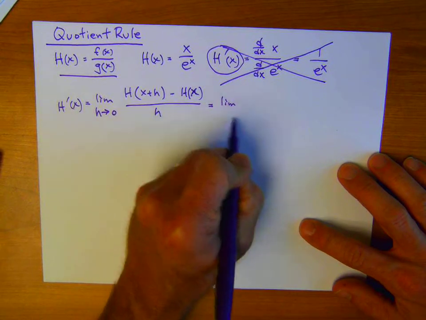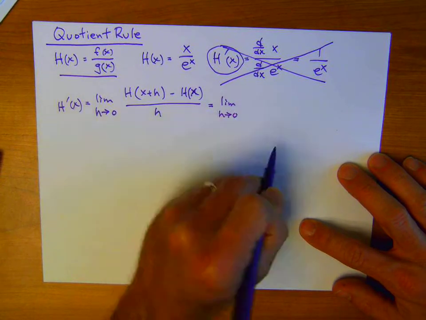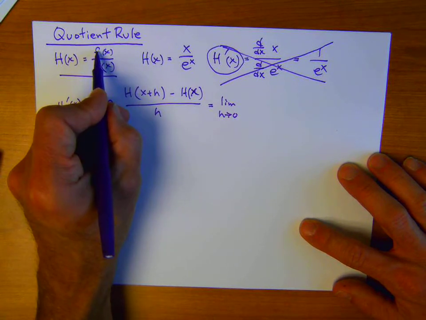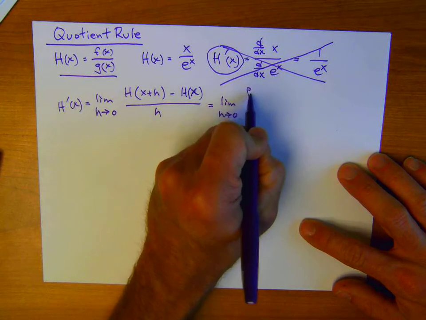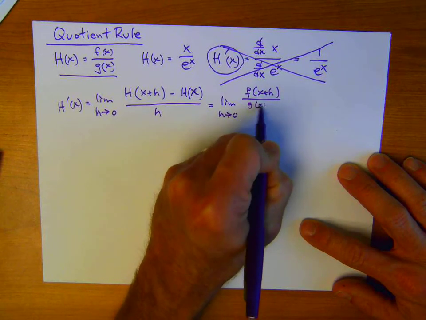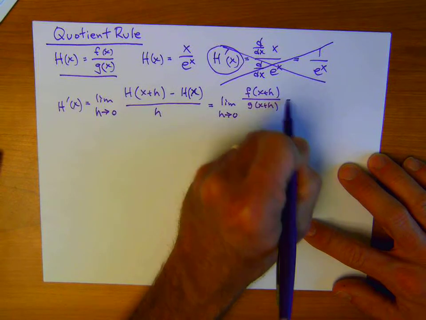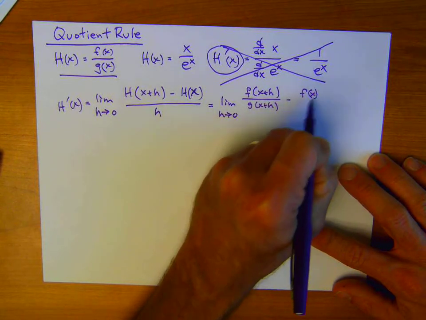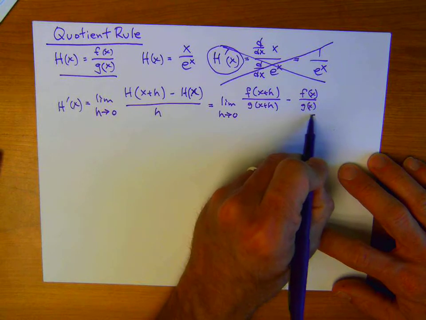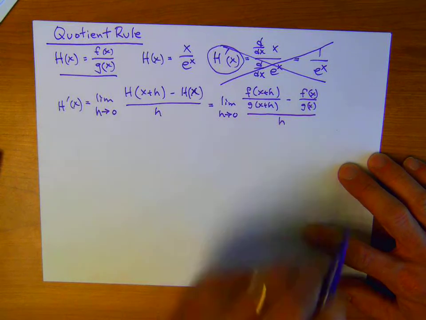The limit as h goes to 0, and here I'm going to replace h with f over g. So this is f of x plus h over g of x plus h minus f of x over g of x, replacing h, all over h.